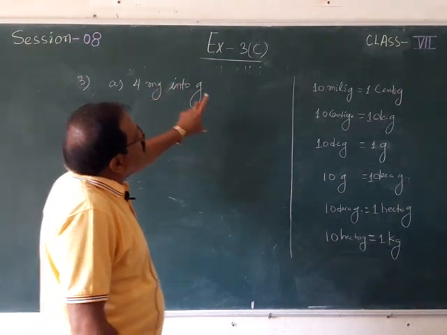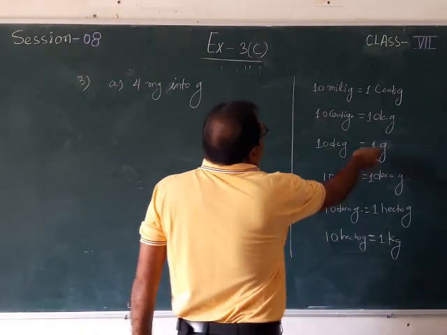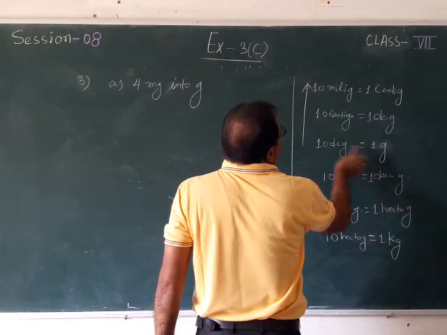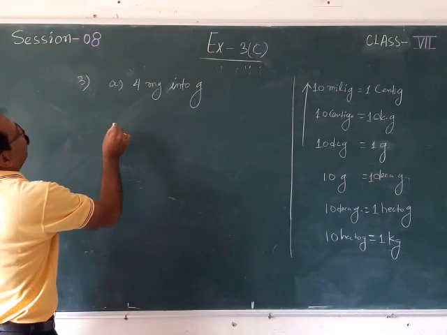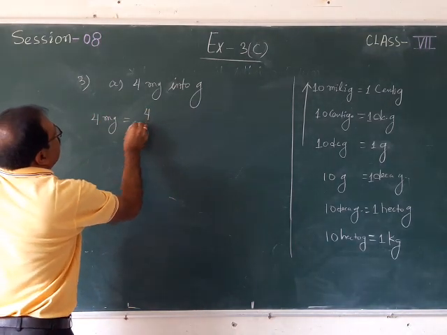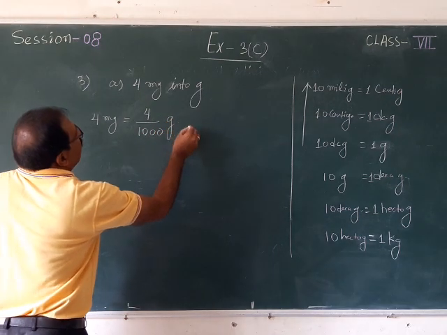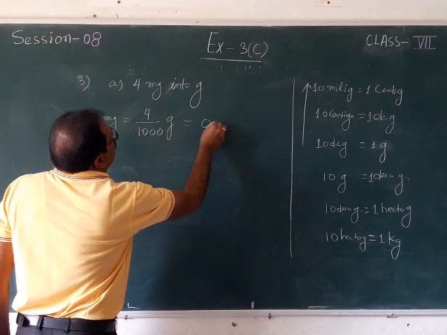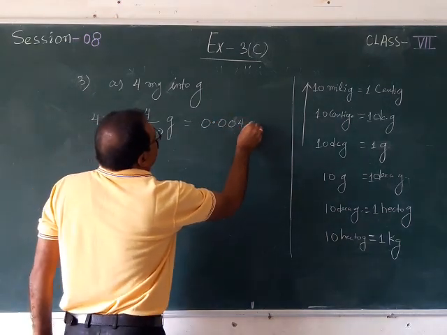So here, 4 milligram into gram. Going from gram to milligram, in 1 gram there are 1000 milligram. So 4 mg, if I change into gram, I will divide it by 1000. The answer will be 0.0004 gram. Why?